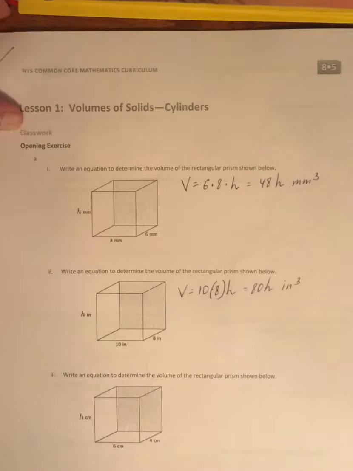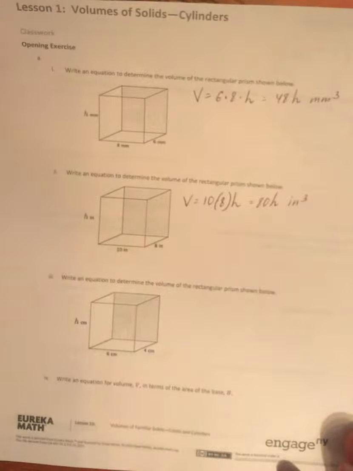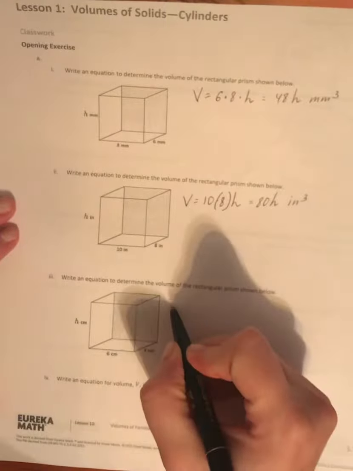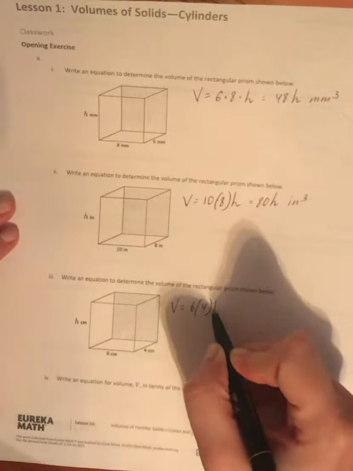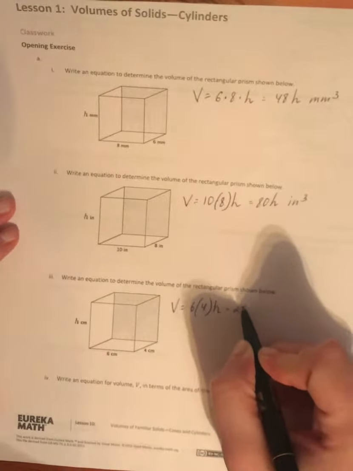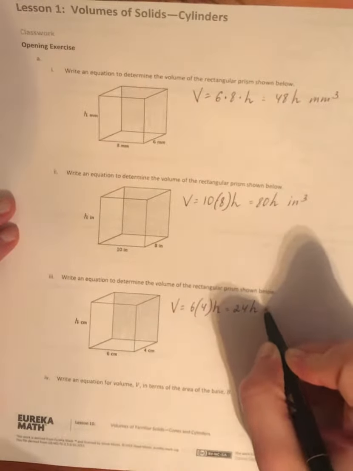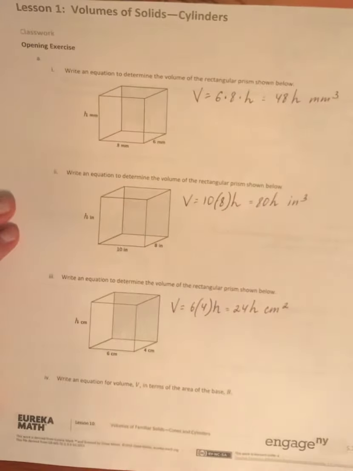Third one, exactly the same. We are multiplying 6 by 4 by h, and that is 24h centimeters cubed.